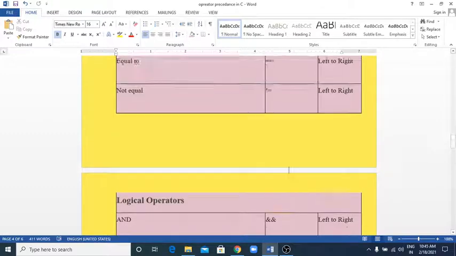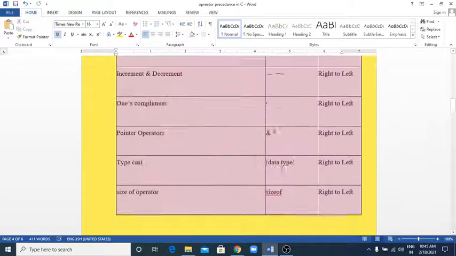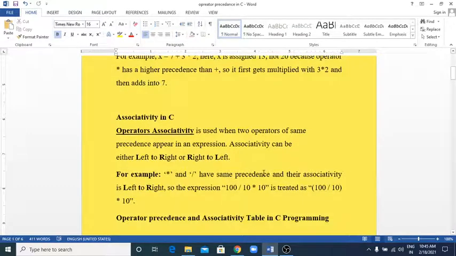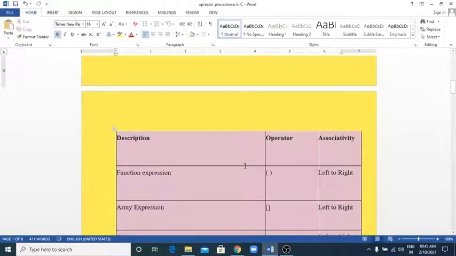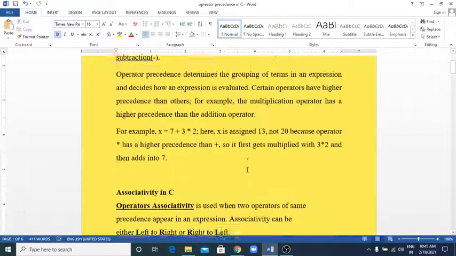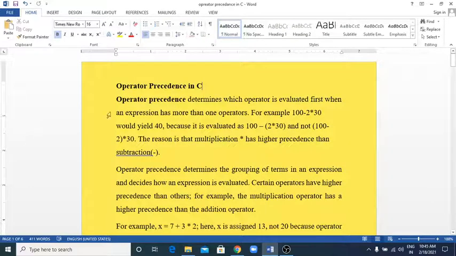So friend, when we solve an expression, we should know this table of operator precedence and the associativity of each operator. Then we solve the expression in a proper manner. Hope you have understood this concept, operator precedence and associativity.